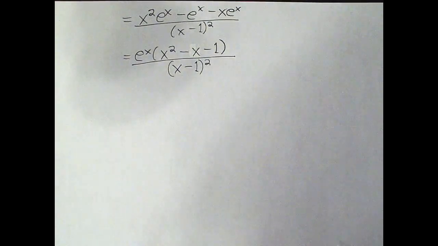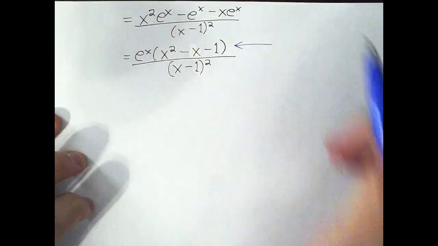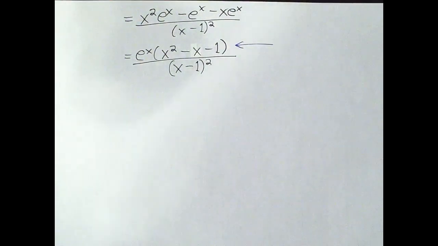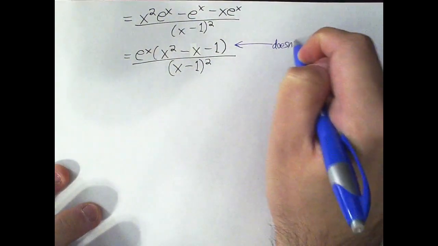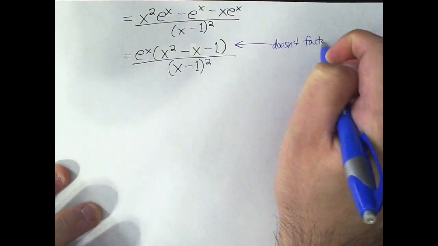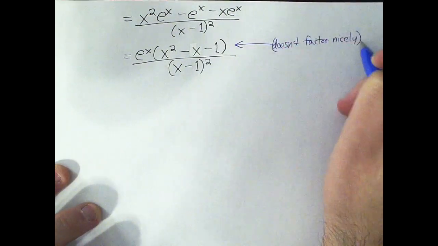All right, so the thing that I have in the numerator, I'm looking at that and I'm thinking, does that factor nicely with whole numbers? And unfortunately, it doesn't factor nicely. So we just leave it, right?